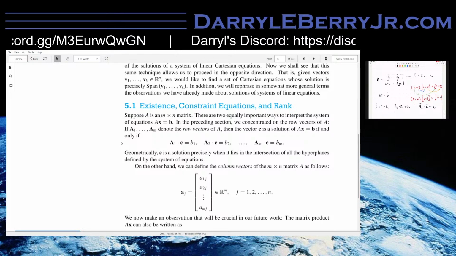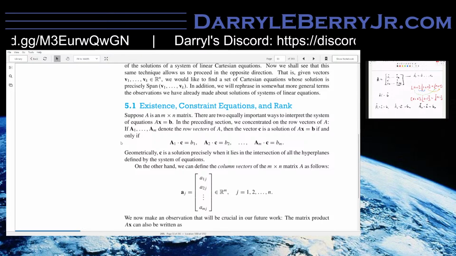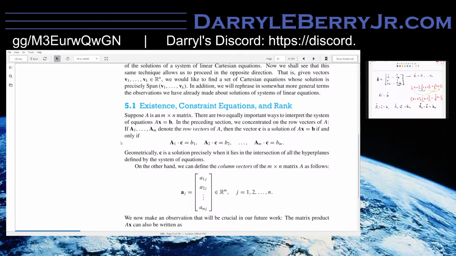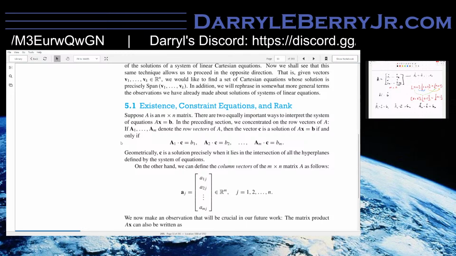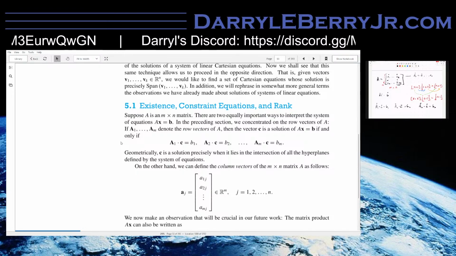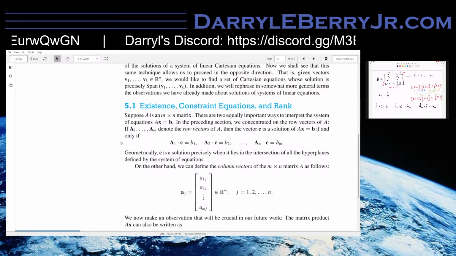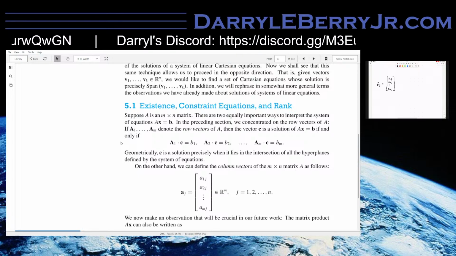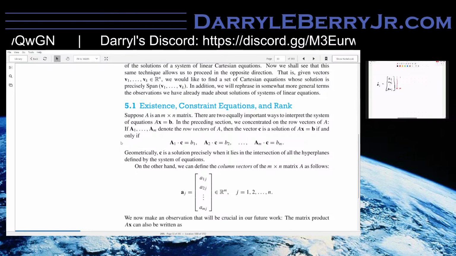As I have here, a single column will go from 1 to m because there's m number of rows. This is an m by n. It has m number of rows and n number of columns, is my understanding, which is why this column goes from 1 to m, like in this example.